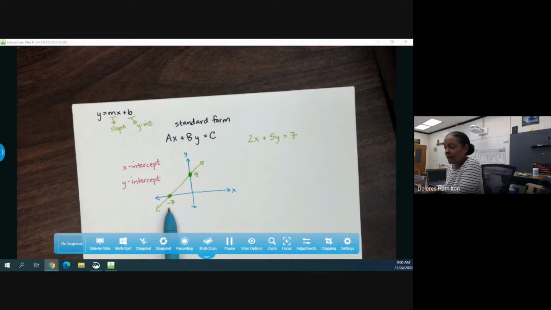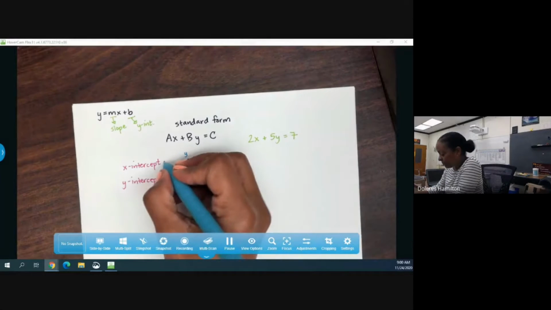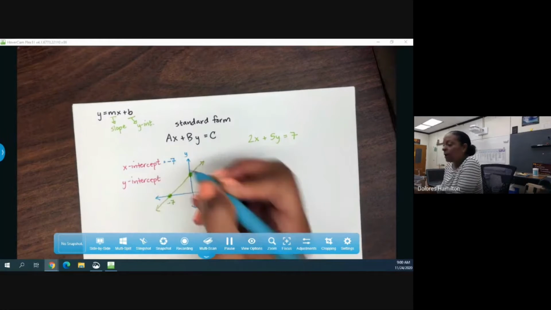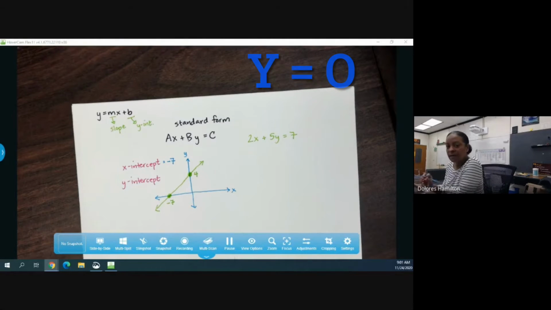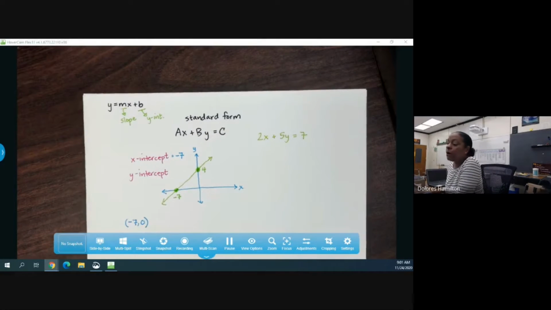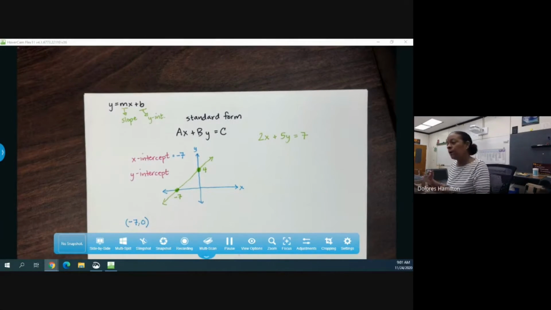So we would say, for this example, my x-intercept is -7. One thing that is noteworthy is for the x-intercept, your y is always 0. We could also write that as an ordered pair, -7, 0. So your x-intercept is where your graph intersects the x-axis.